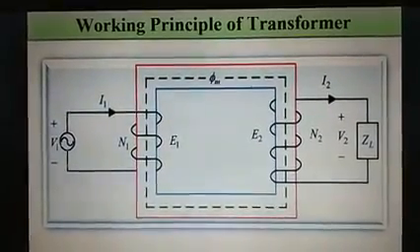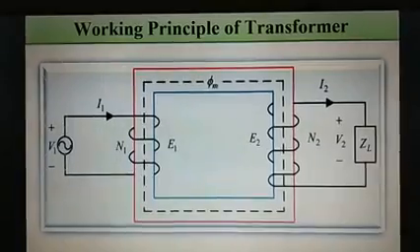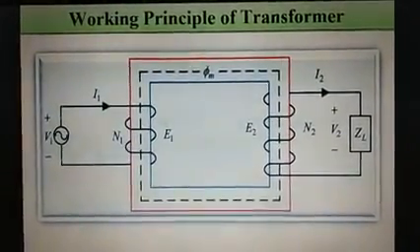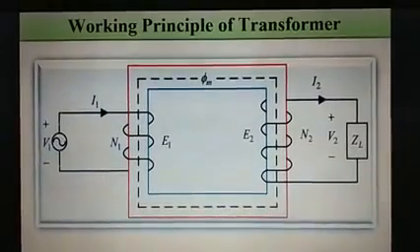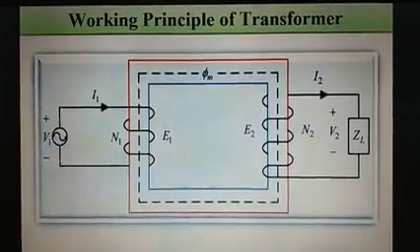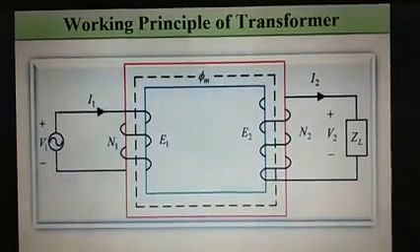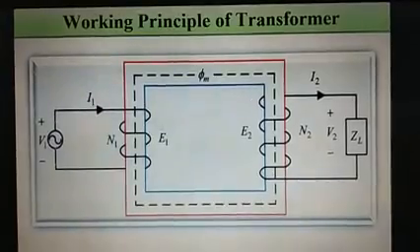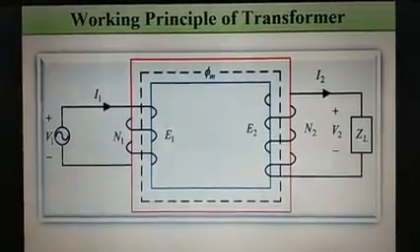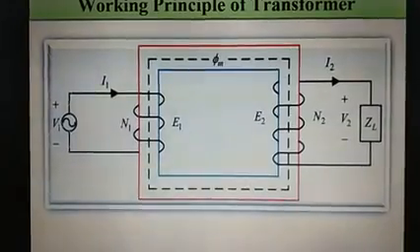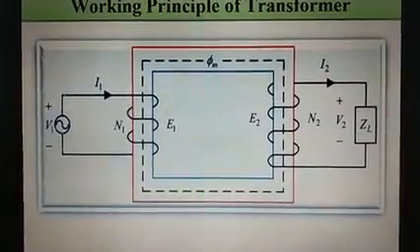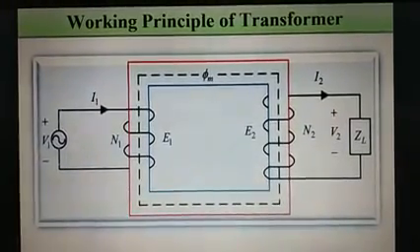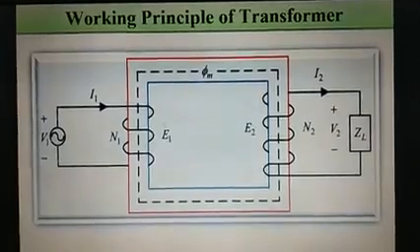About 95% of this flux moves from the primary to the secondary through the low reluctance path of the magnetic core, and consequently, according to Faraday's law of electromagnetic induction, a voltage will be induced across the secondary winding as well as in the primary winding.